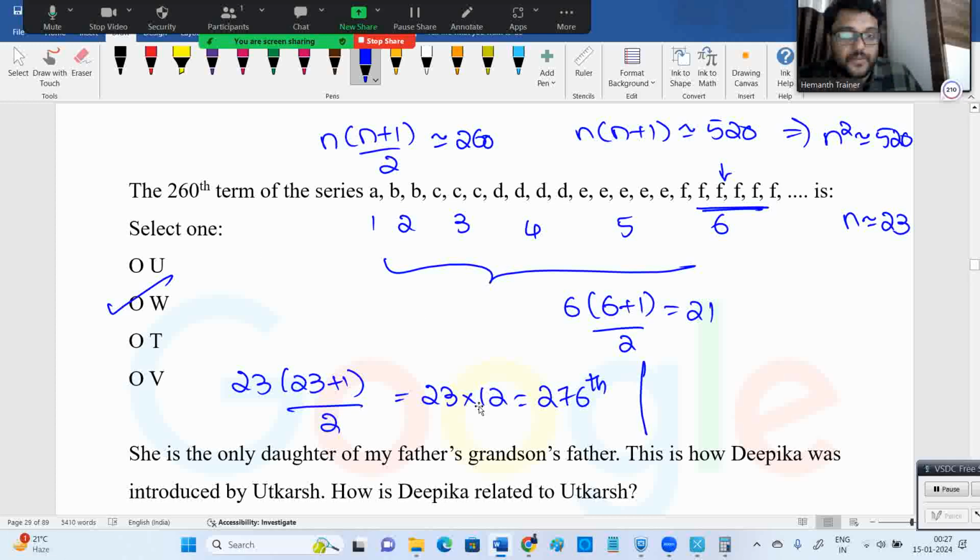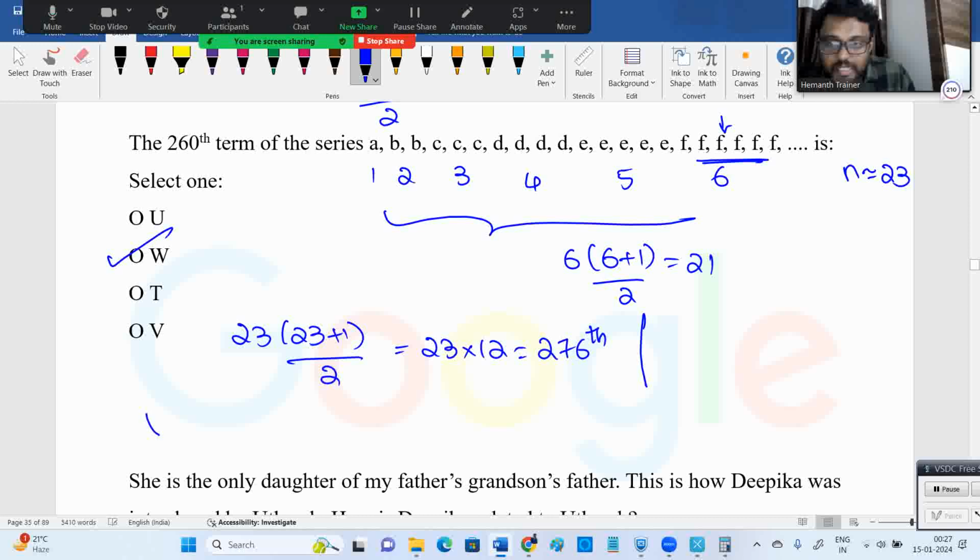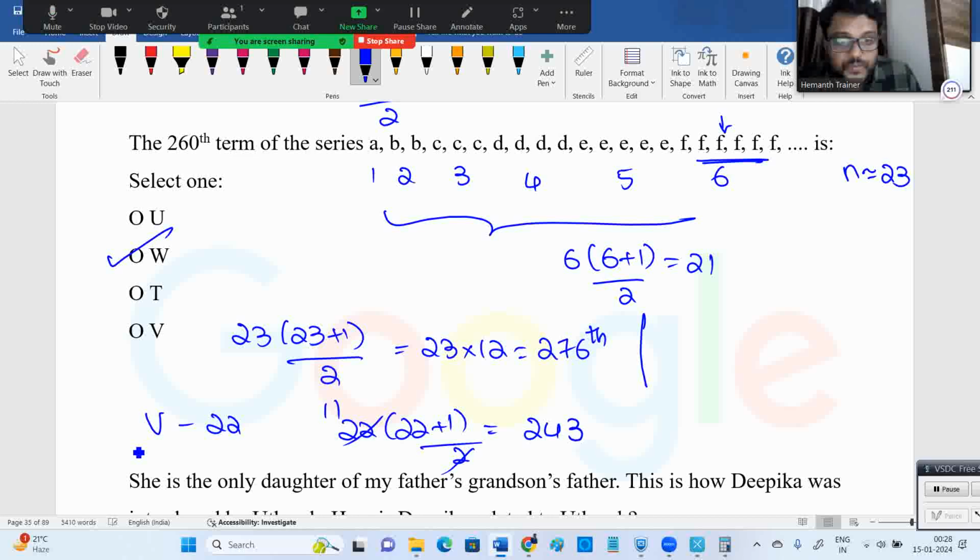W starts from where V is ending. V is the 22nd term, right? So 22 into 22 plus 1 divided by 2 means 11 into 23, that is 253, the last term of V. V last is 253.